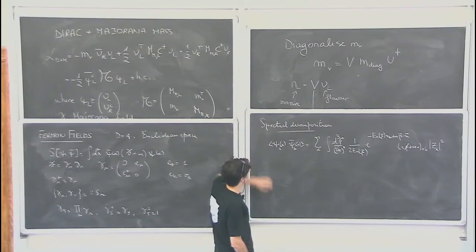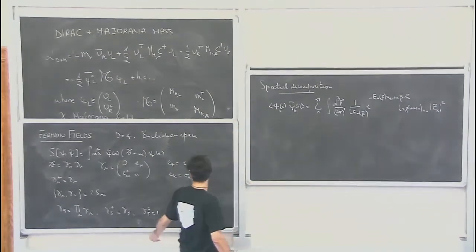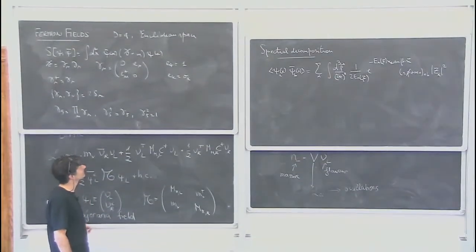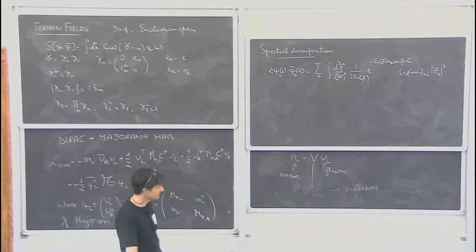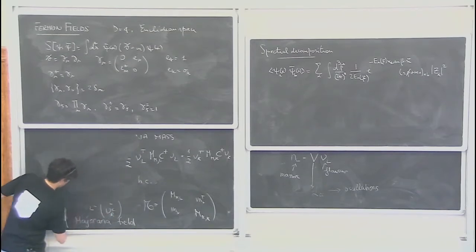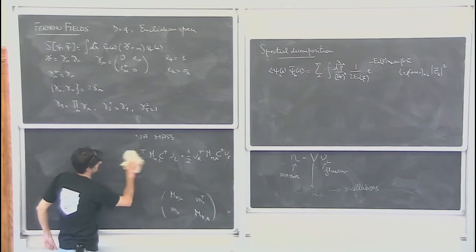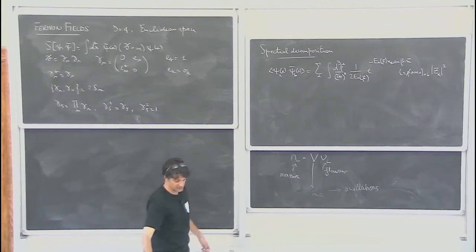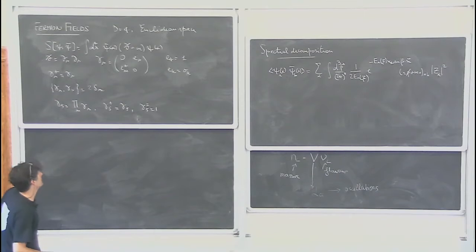So again here we will discretize using the sort of naive prescription that I used for the scalars.